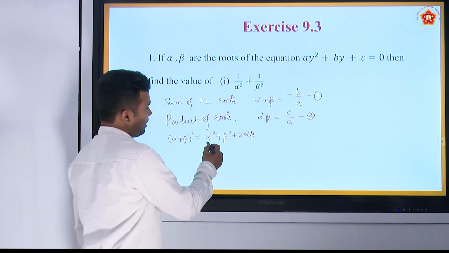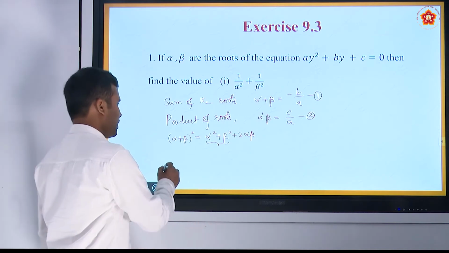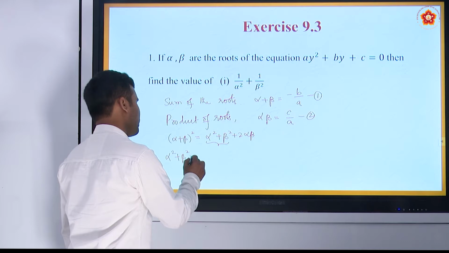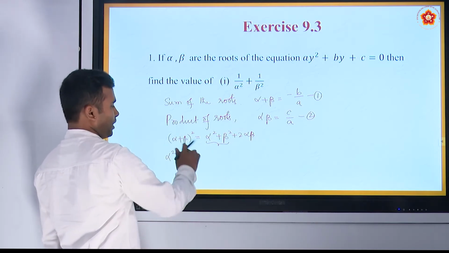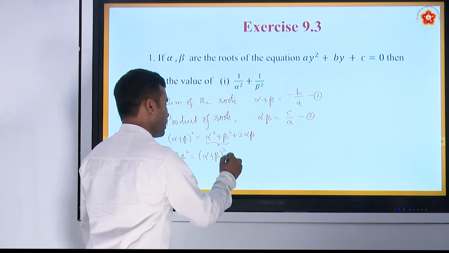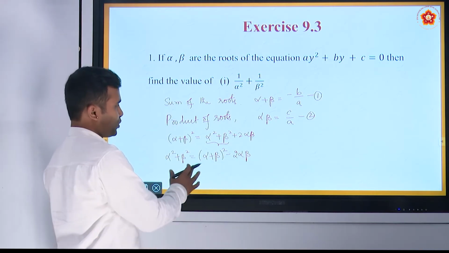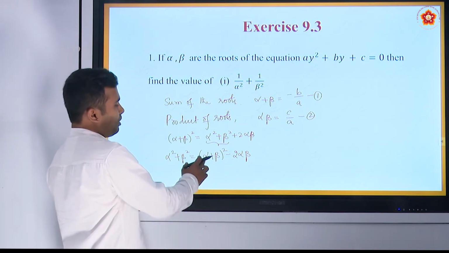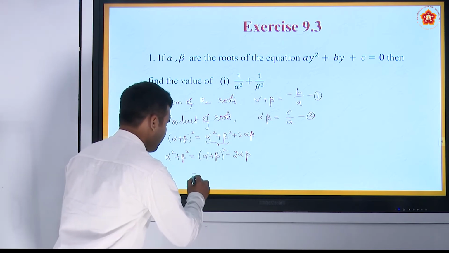From this, I want to take alpha square plus beta square. Alpha square plus beta square is equal to, you just send 2 alpha beta to the other side, alpha plus beta whole square minus 2 alpha beta. Okay. So you just substitute from equations 1 and 2 what is alpha plus beta as well as alpha into beta.